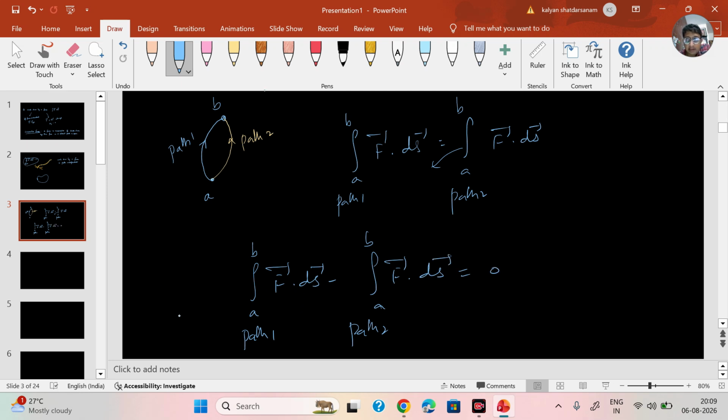Now there is a rule in integrals that if you have integral A to B of some f of x dx, you can reverse these limits and put a minus sign: minus integral B to A f of x dx. Both are the same. If you interchange the limits, making the upper limit lower and the lower limit upper, you put a minus sign on the integral.